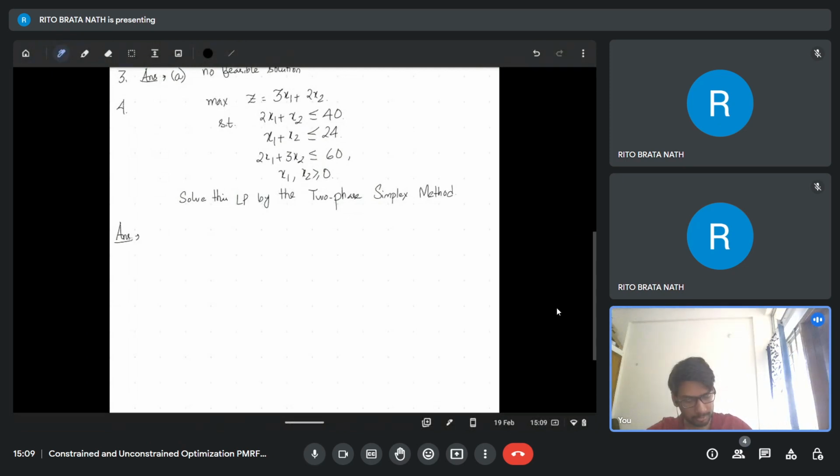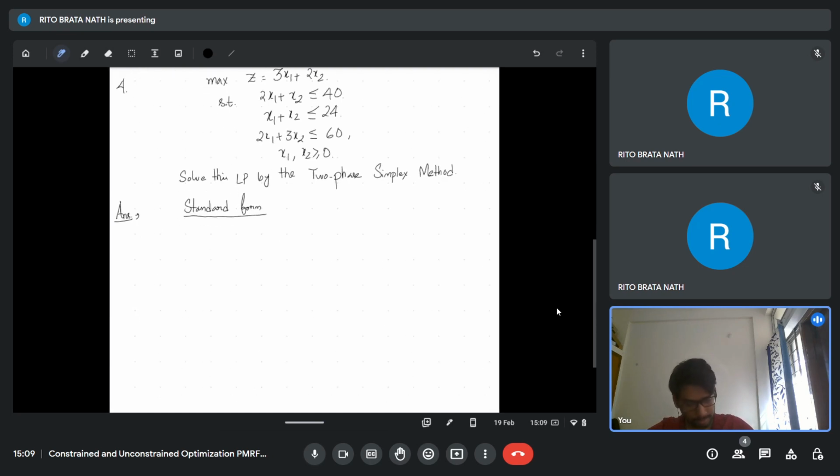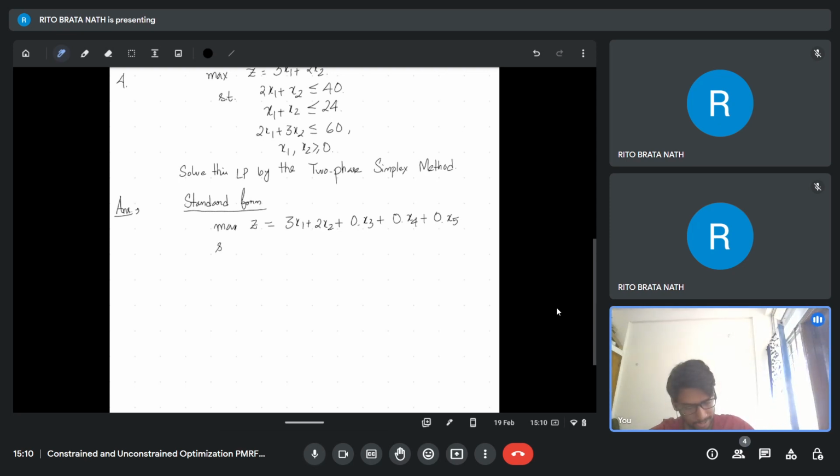So for the standard form, let's write down. What you have is max of z equals 3x1 plus 2x2 plus 0 times x3 plus 0 times x4 plus 0 times x5. These are the slacks that you will be adding to the less than or equal to type constraints.